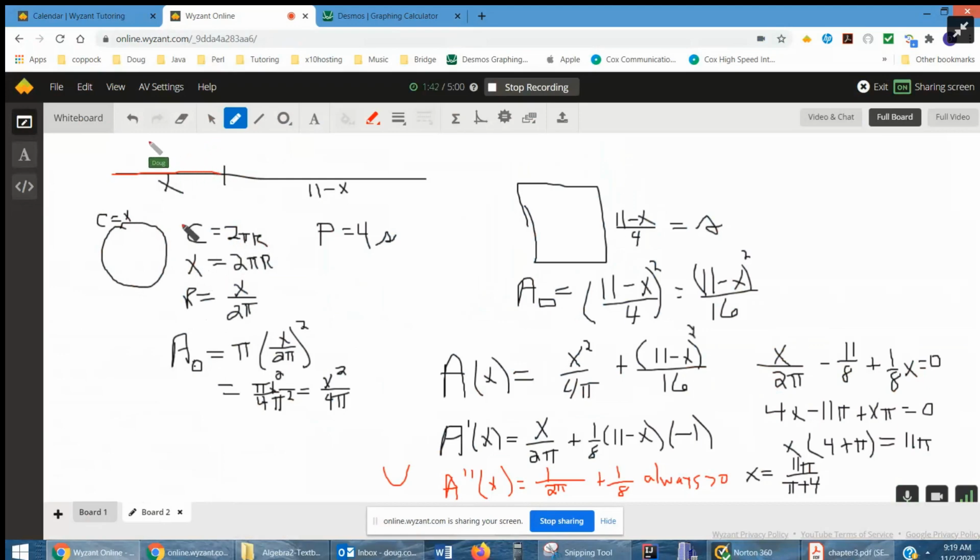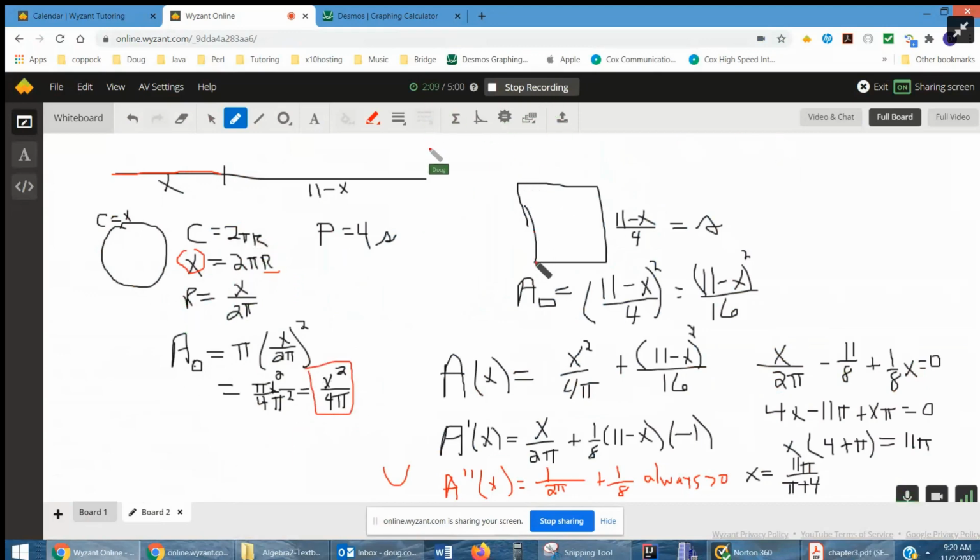So if I plug X in for the circumference and solve for R, I will have an expression for the radius of the circle in terms of X over 2 pi. But the area of a circle is pi times the radius squared. And you could leave it like that, or you could square this X over 2 pi and simplify. That's how I'm going to write it, X squared over 4 pi.